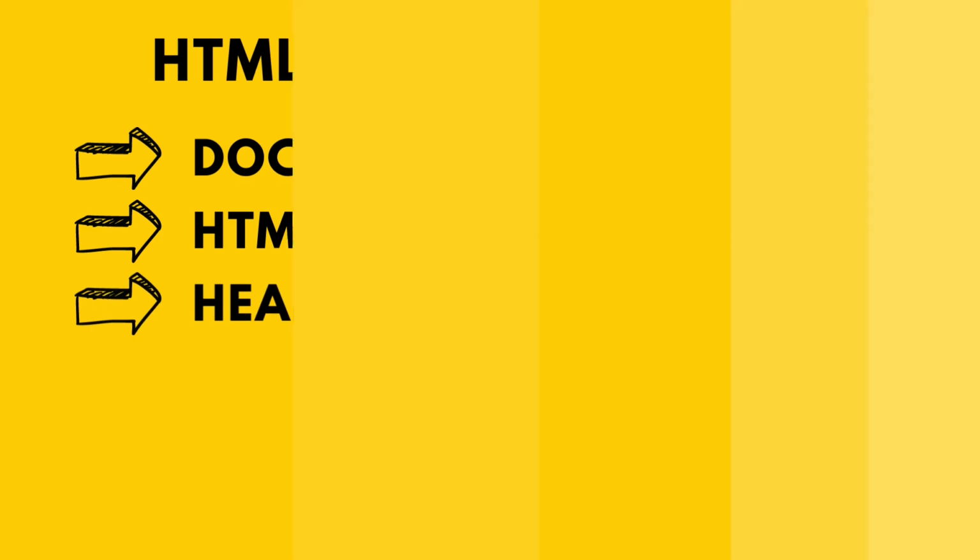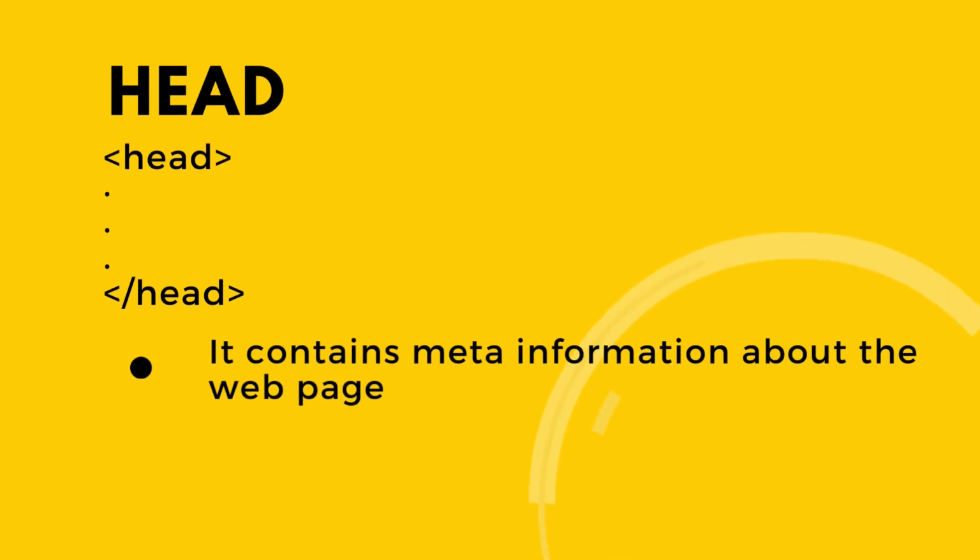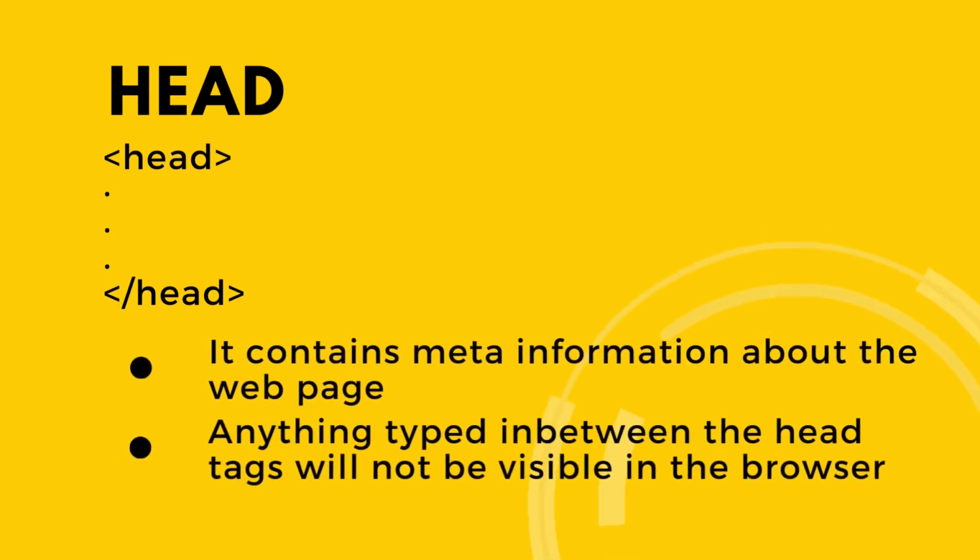Your HTML document will have a head, which will contain meta information about the HTML page. In this head, that's where you have metadata, which will help with search engine optimization, SEO. Anything you type in between these head tags will not display on your web page.